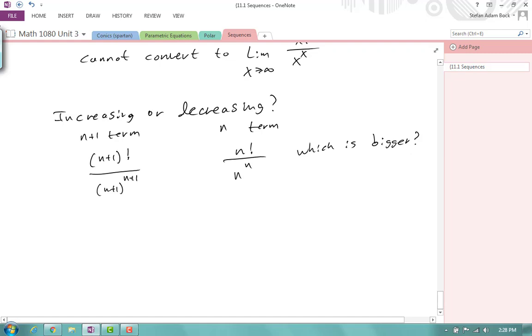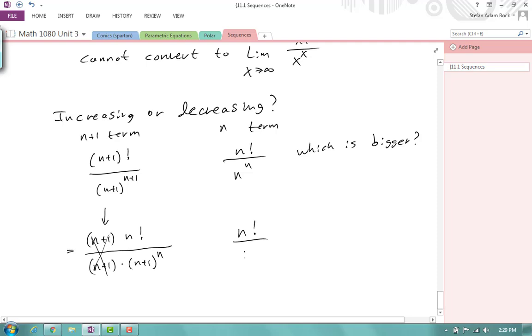So let me look at the n plus 1 term. This is equal to n plus 1 times n factorial. That's what the factorial means. I can factor that off. And on the denominator, this is n plus 1 multiplied by n plus 1 to the n, letting me cancel those. Now it's a lot easier to compare these. N factorial over n plus 1 to the n, because the numerators are now the same, but the denominators are different, and I wrote it wrong.